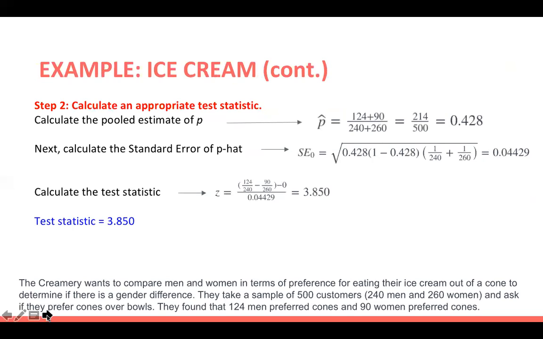Once we get that, we can plug that into our standard error formula, and we get a standard error of 0.04429. So now we have our standard error, so we can move on to calculate our test statistic. So our test statistic is p hat 1 minus p hat 2 minus 0, and then we divide that by our standard error. So we get a test statistic of 3.85.